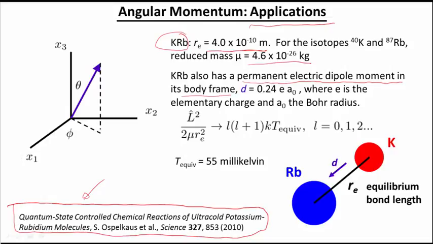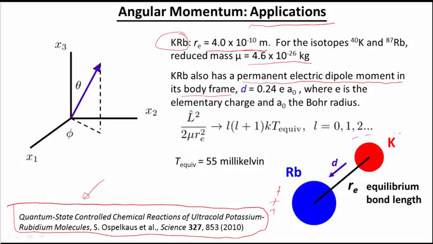Now, what I mean by that is, if you just hold the molecule in one place, there's an imbalance of charge. There's more negative charge around the potassium and more positive charge around the rubidium. And that means that this molecule acts like an electric dipole when it's exposed to an external field. We'll discuss that momentarily.